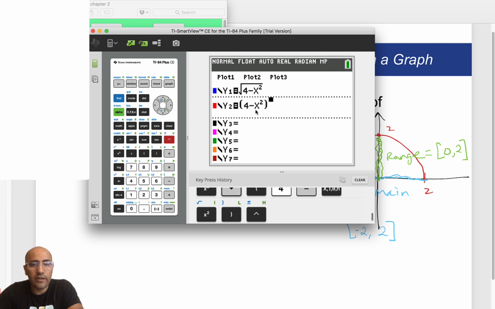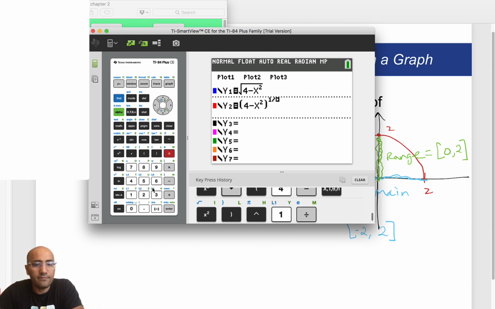Now the newer calculators bring you up to the little exponent. If you have an older calculator, you see the little caret symbol appear, and you have to know that that means that you're in the exponent. So now we can raise it to the power of 1/2. Good, so this is the same as that.